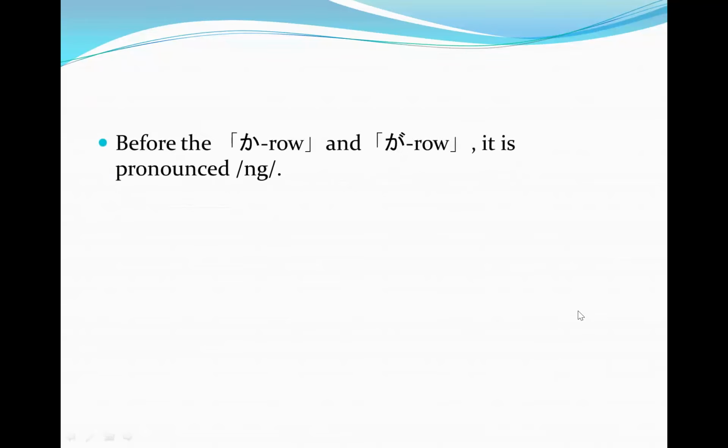Now next. So if the n appears before the ka and ga row, it is pronounced as ng. You know the sound when you stick your tongue to your upper palate. To make it easier, I'll give you an example.